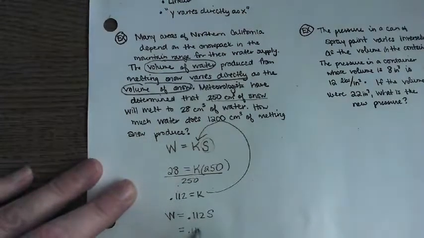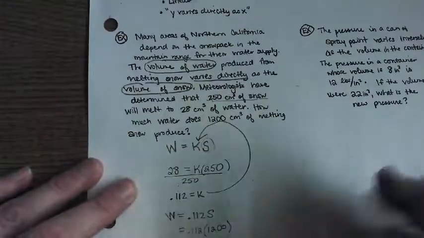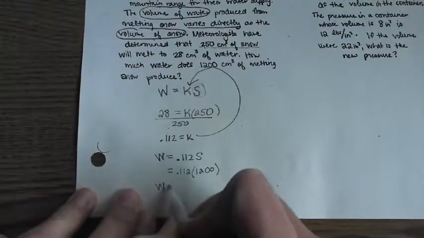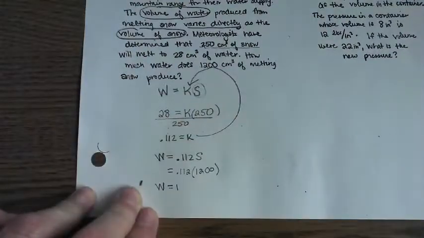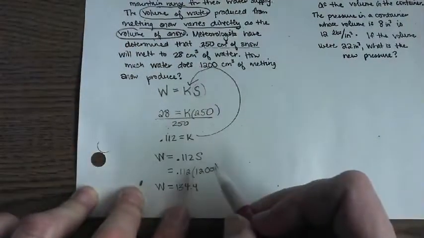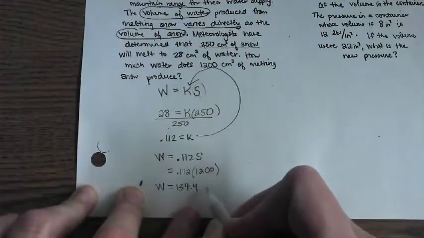So we're just going to take 0.112, multiply it by 1,200 cubic centimeters on your calculator. That's going to give you that the amount of water is 134.4 cubic centimeters.